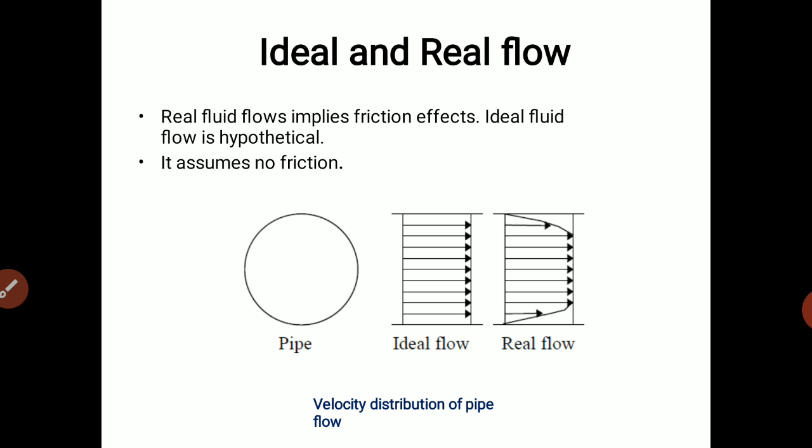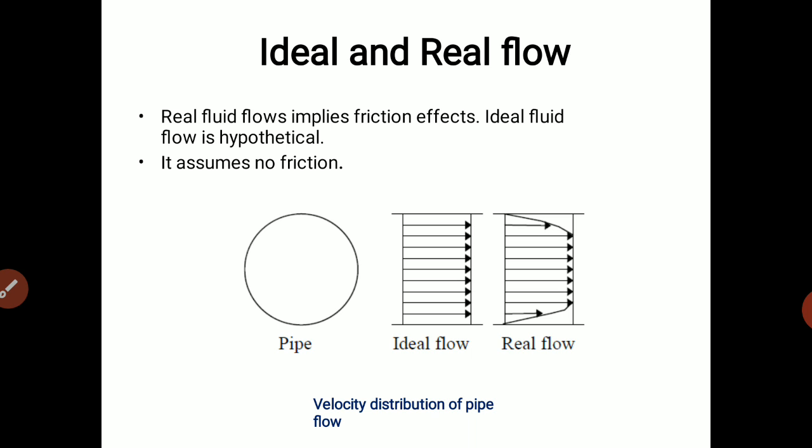The first one is ideal and real flow. Okay, real flow means it exists. It implies the friction effects, and ideal flow is hypothetical, it doesn't exist. Okay, so we expect ideal personalities, but they don't exist like that. But real flow exists and it implies the friction. And ideal flow doesn't exist, it is hypothetical.